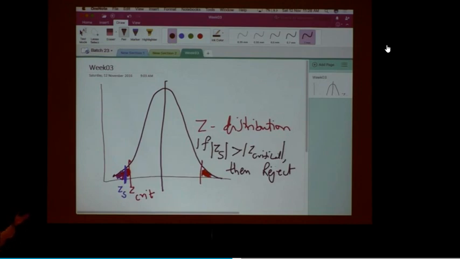It's too far away from normal variation, which means the same thing as the P of the sample is less than P critical. The area under the curve here is smaller than the critical P. Same thing. That's how we were using the Z distribution.